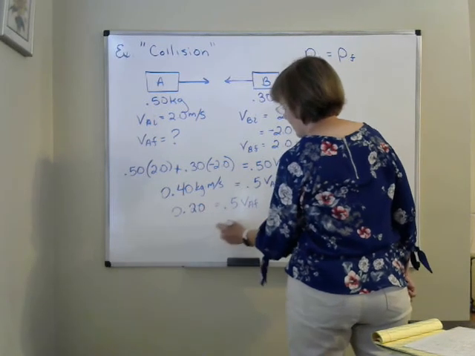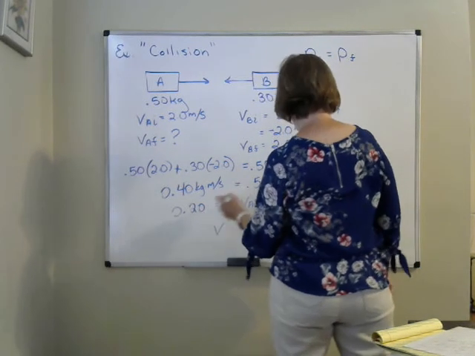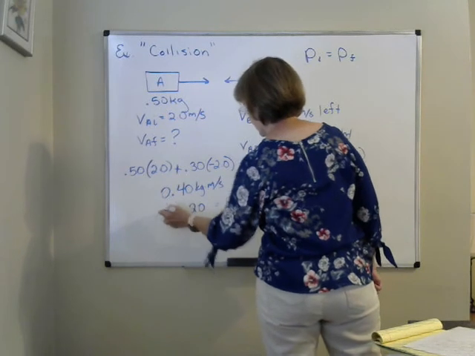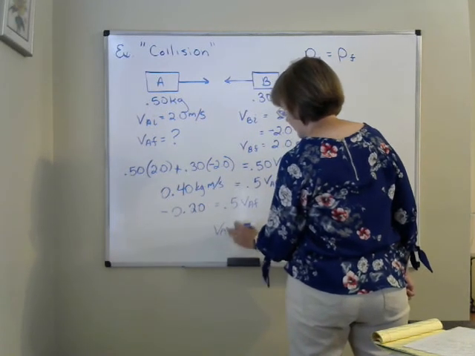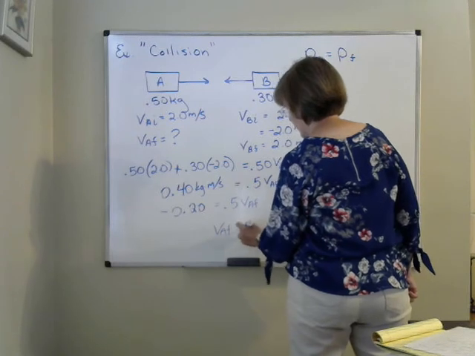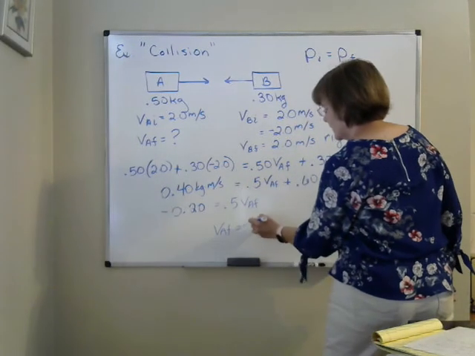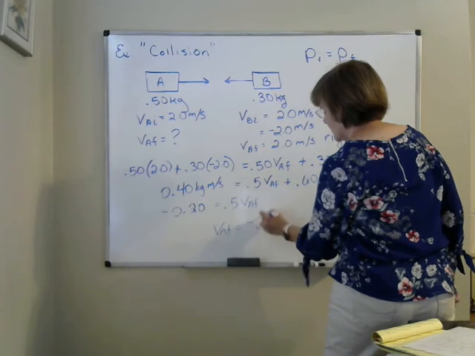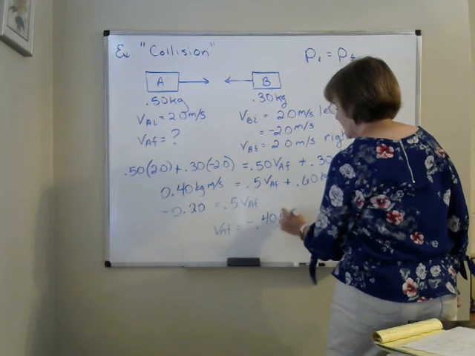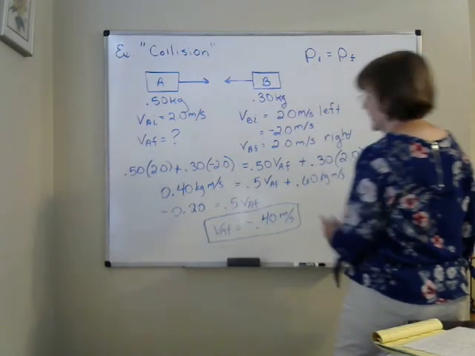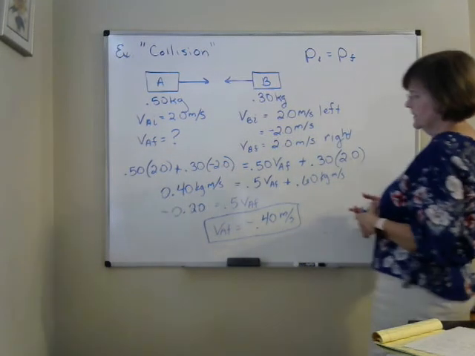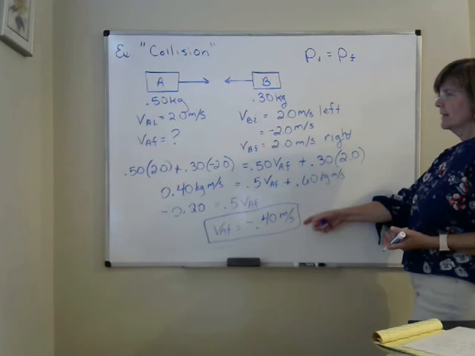And when I solve that, oh, this is negative. It's going to be negative 0.40 meters per second. Notice if we think about this for a minute, it makes sense. It'll be going to the left.